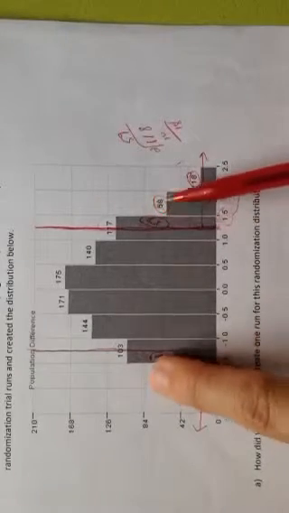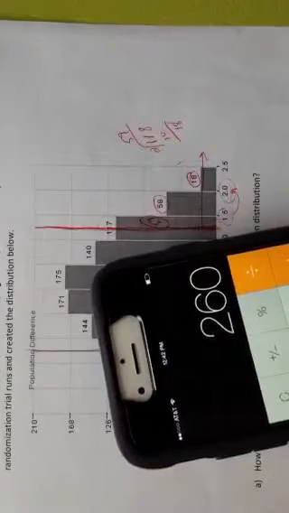So if I add these together, that'll tell me how many of the trials were more extreme than what we got in our study. Okay, so 260. 260 trials were as or more extreme than our actual experiment difference.